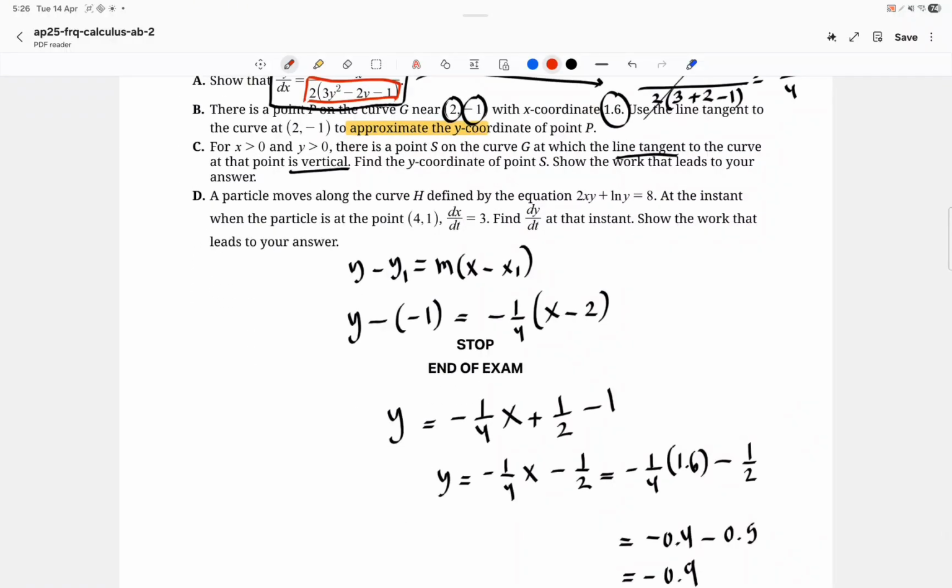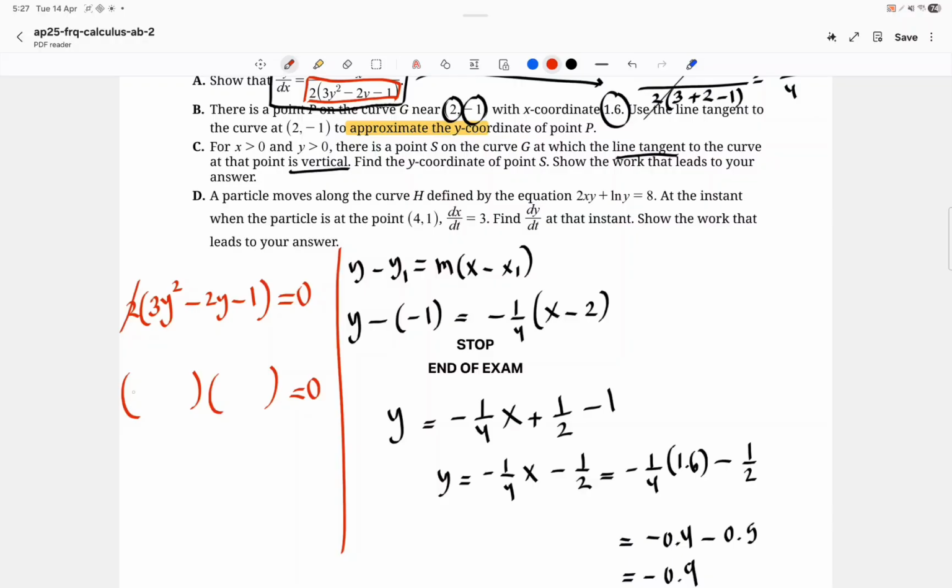It will make the slope DNE. Okay, so we're going to equalize it to 0. So 3y squared minus 2y minus 1 is equal to 0. The 2 just cancels. So here, factor it. That's like the hard part. So 3y and y.